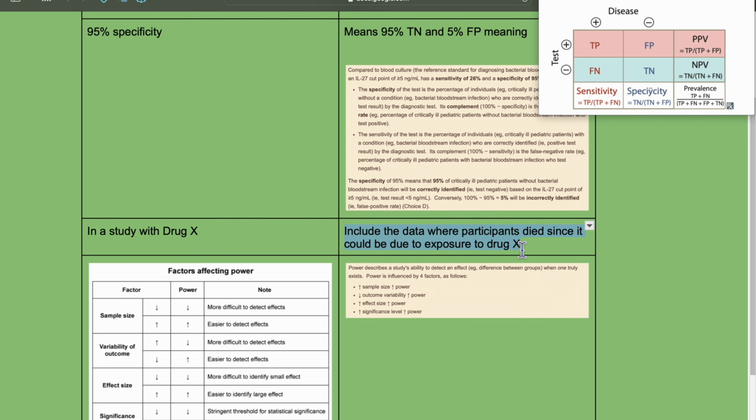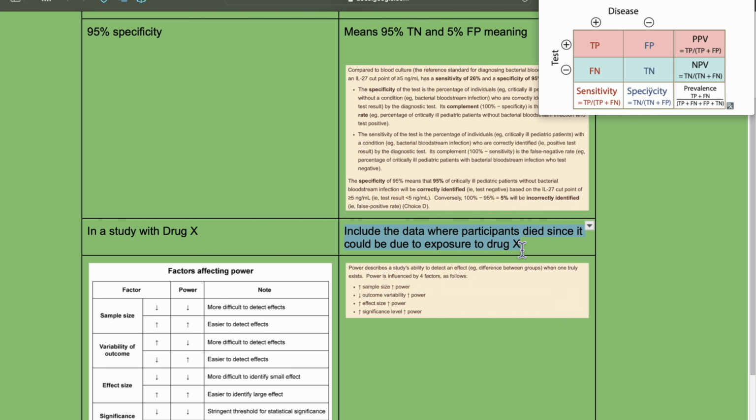Since the patients were already in the hospital, they already had some other condition that led them to cardiac arrest or death. So they didn't include that in the data. But they failed to acknowledge that all of the conditions that led to mortality could be because of the exposure to drug X, right?